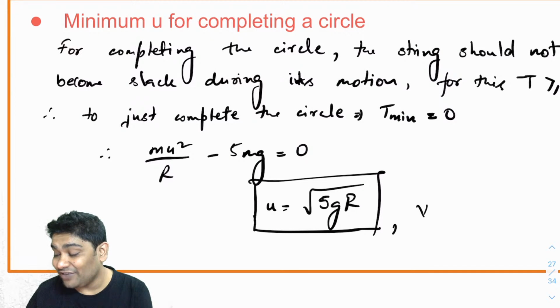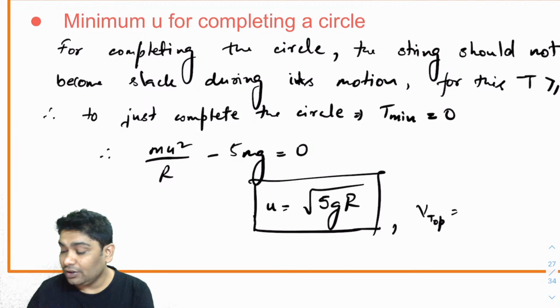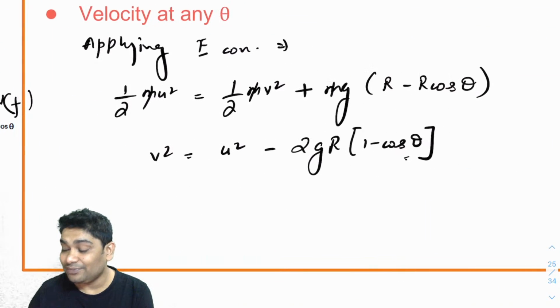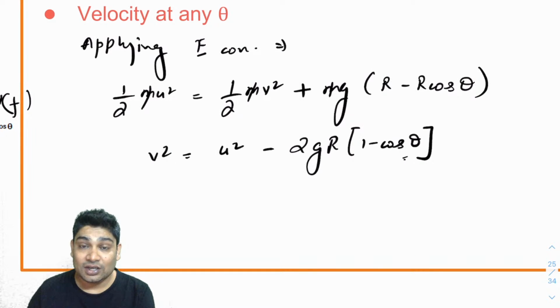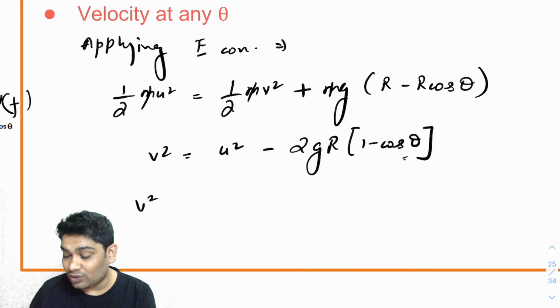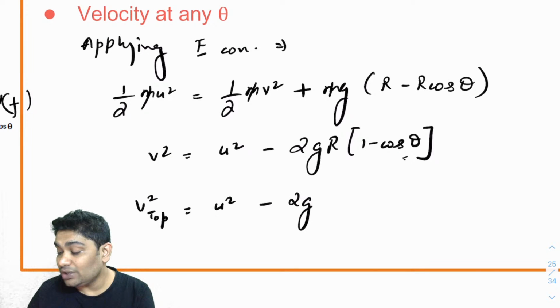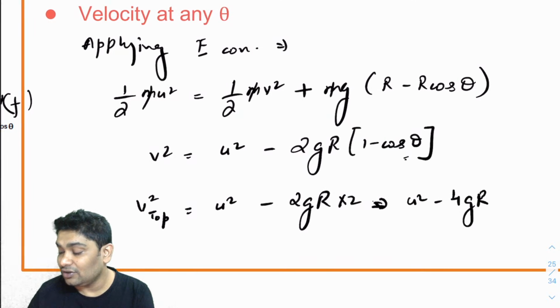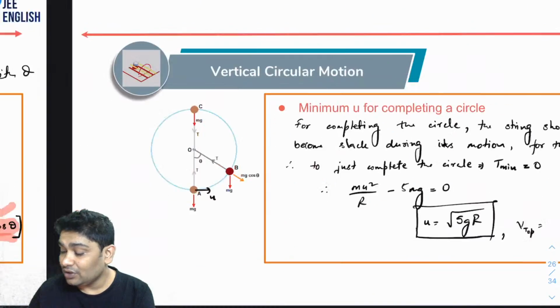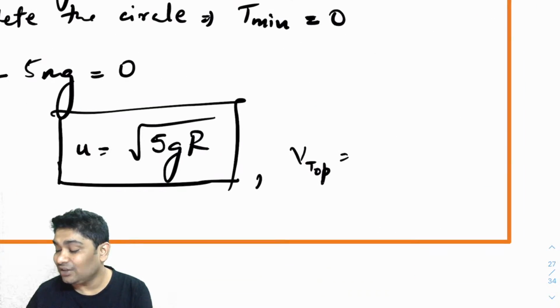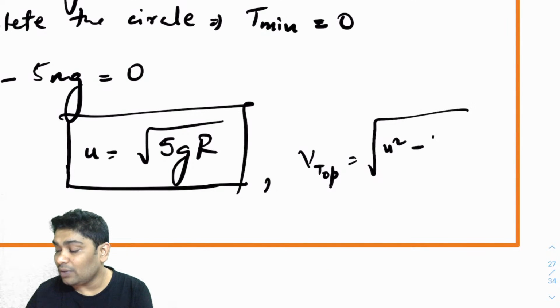Now at this, what is V at the top? You will realize that you can use this expression. At the top your theta is 180. So I can say V square at top would be nothing but u square minus 2gr times 2, so this is u square minus 4gr. So V at top would be root of u square minus 4gr.